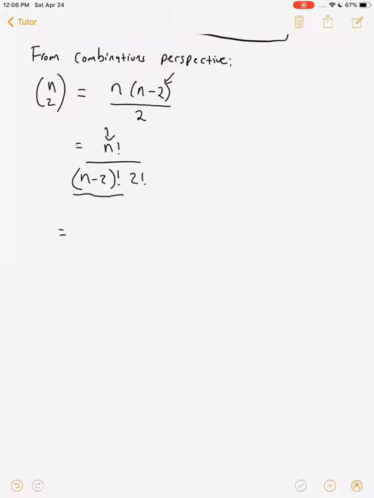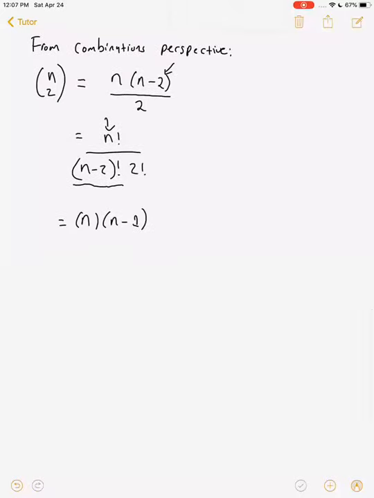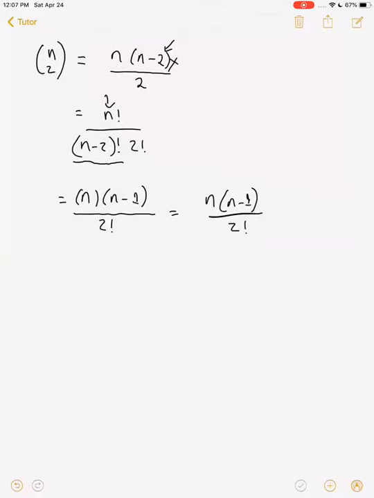So we're just going to have n, and the number immediately after it, which is n minus 1, and then we're just going to be left with 2 factorial, which is 2. So n times n minus 1 over 2 factorial. So this part here is wrong. You're close, but it's not n minus 2. It's n minus 1.